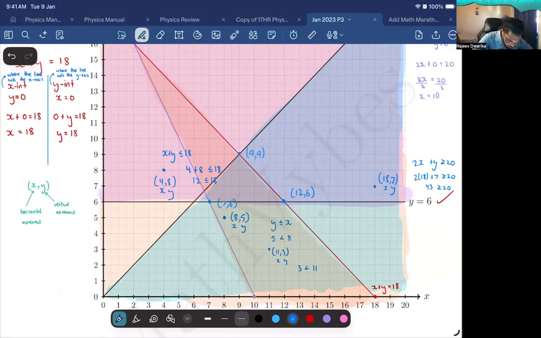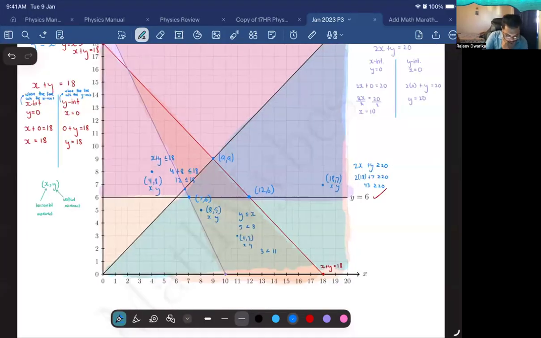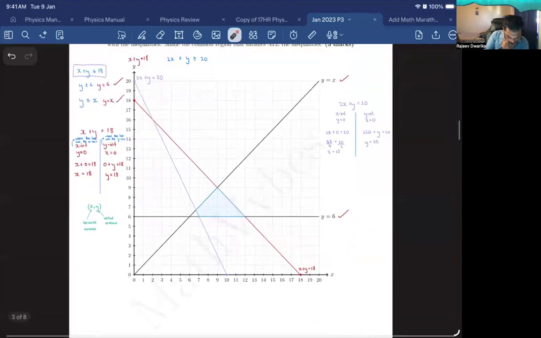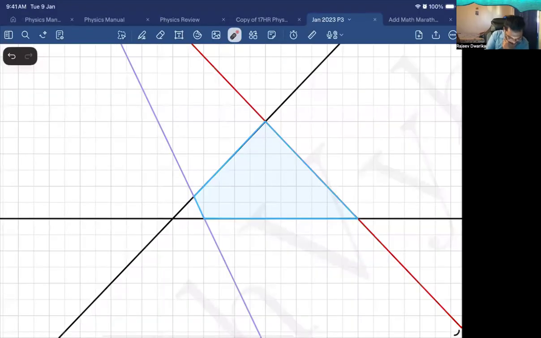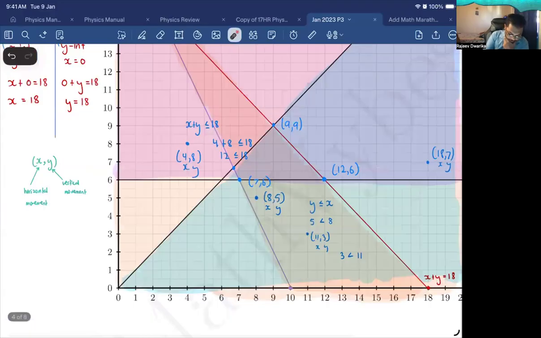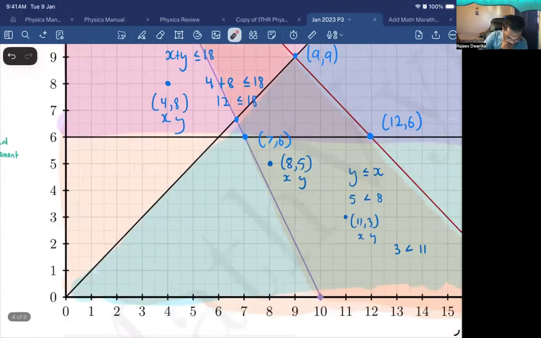And don't forget about this point too, but that point is kind of hard to read. It's not a nice point. But we could estimate it, right?